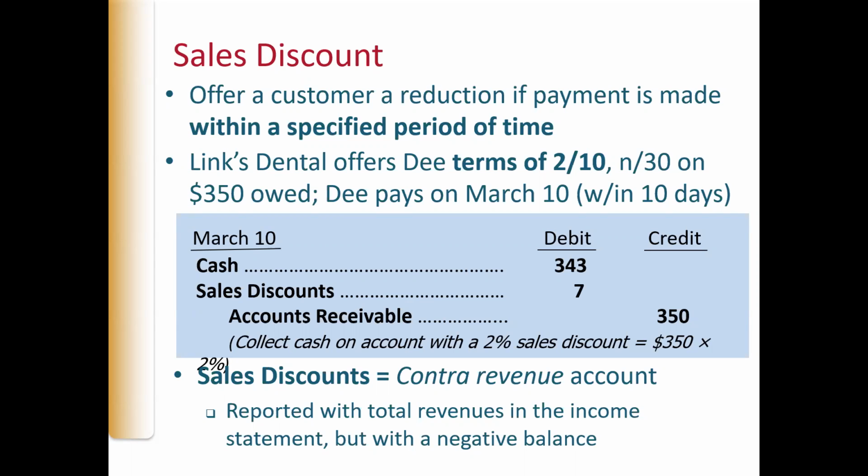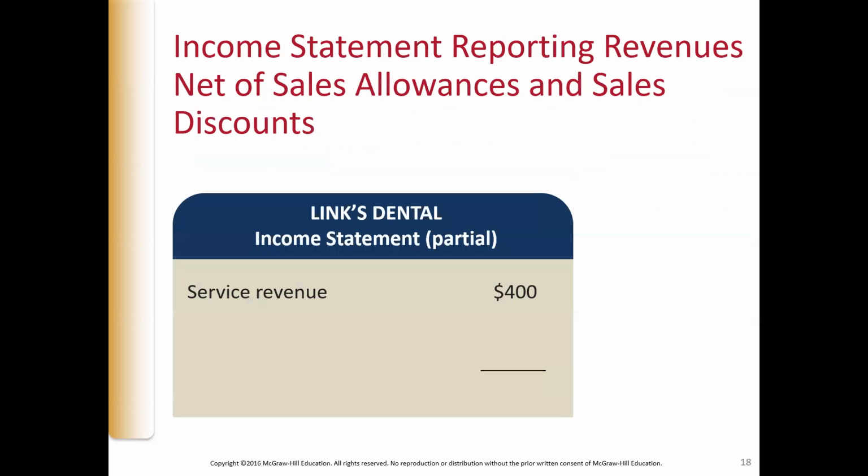Sales discounts are also a contra revenue account. These will be offset against our sales. We report with total revenues in the income statement, but this sales discount will have a negative balance.